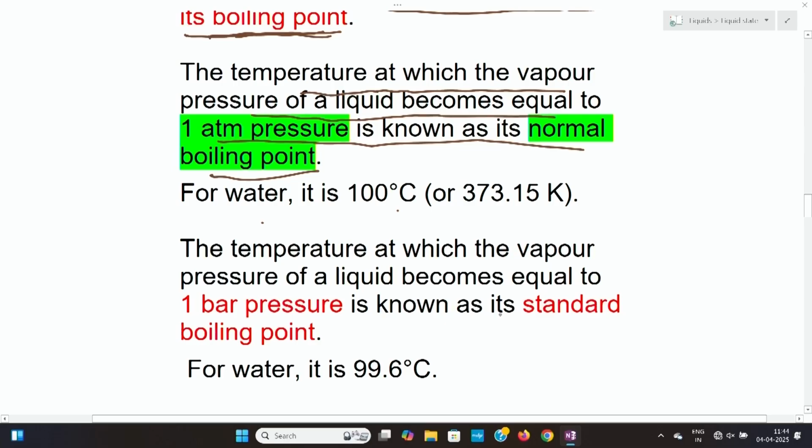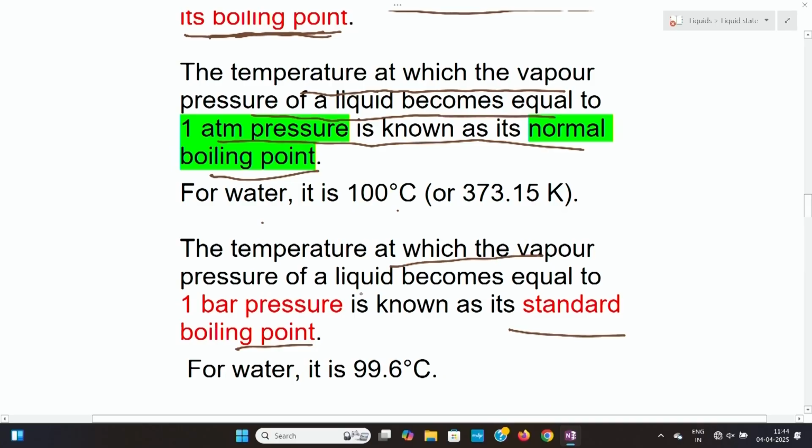And if we take the standard boiling point, the definition is the temperature at which the vapor pressure of a liquid becomes equal to 1 bar pressure.